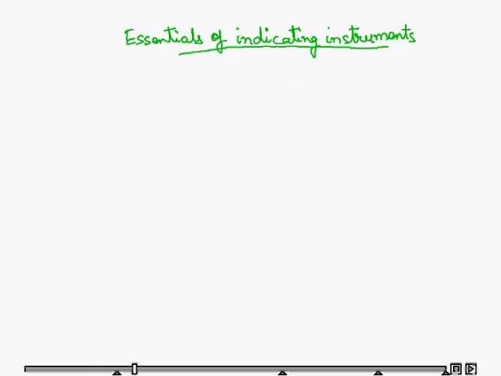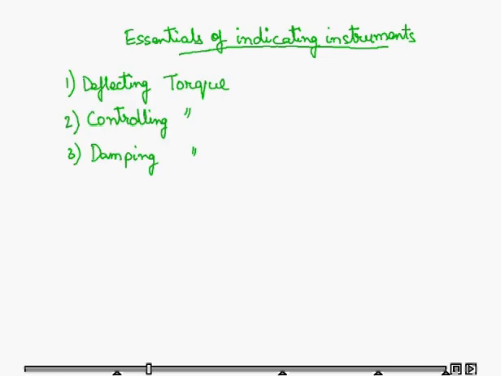For satisfactory working of indicating instruments, torques are required. These torques are very important. There are various types of torque related with indicating instruments. First is deflecting torque, then controlling torque, then comes the damping torque. We have to see the importance of all these torques one by one.